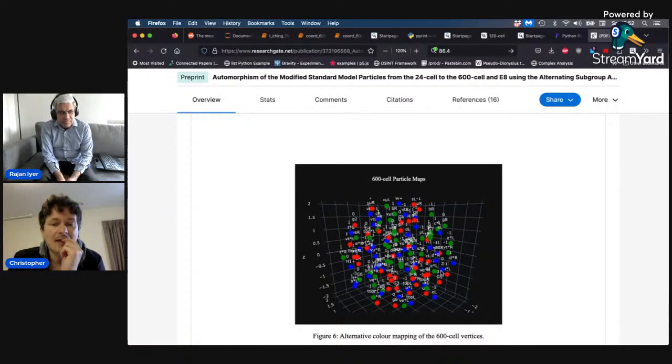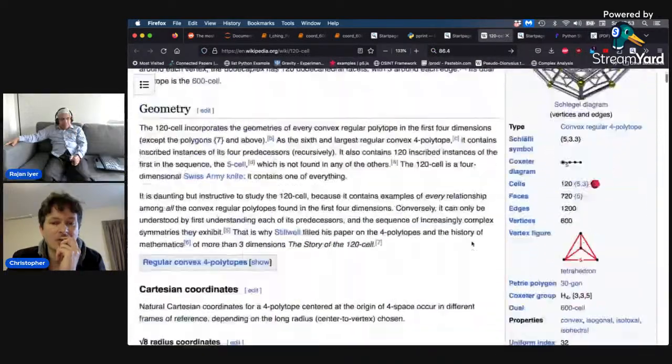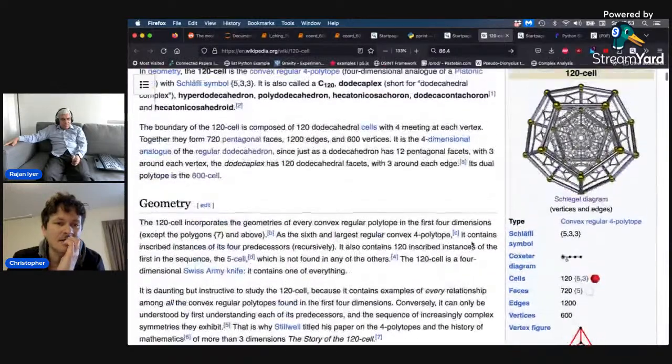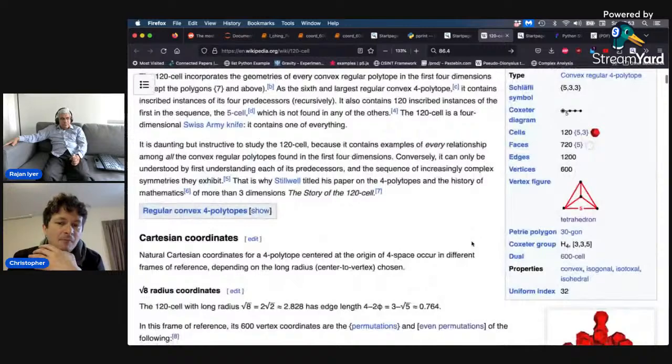And well, the next step on from mapping all the particles to the 600 cell is to then say, well, why don't we increase this now to the 120 cell, which is, as I mentioned, the dual of the 600 cell, and instead of having 120 vertices, it now has 600 vertices. So it's an increase of 5, right?